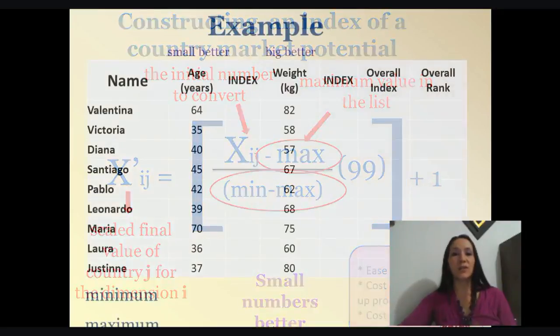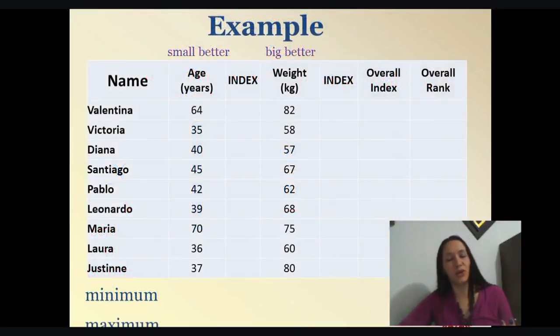Okay, so we are going to do a small example in order to understand what you have to do. The idea is that my customer needs to be the youngest person, but with the highest weight in this example.